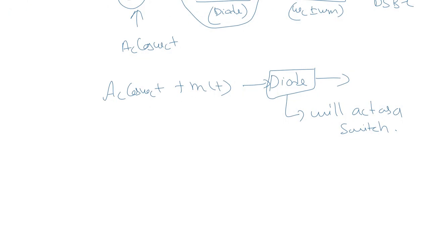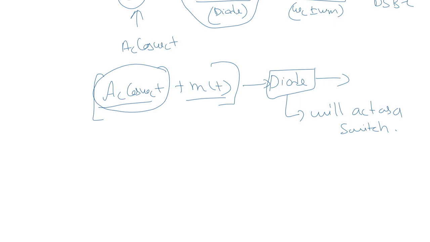Now the input to the diode is the sum of these two components, the carrier and the message signal. So the switching depends on this combination. If we carefully analyze this combination, we'll find that the carrier component, Ac cos omega ct, dominates this entire sum.